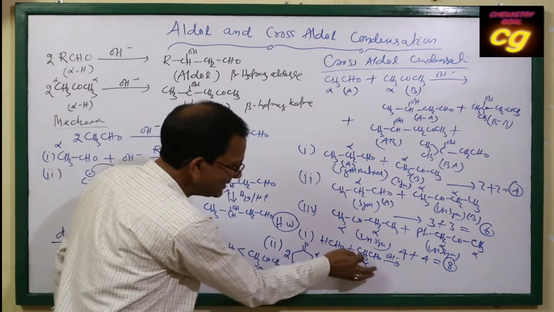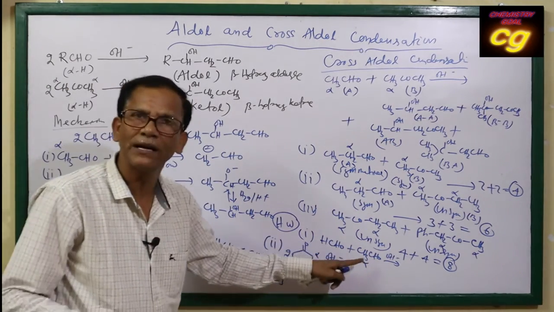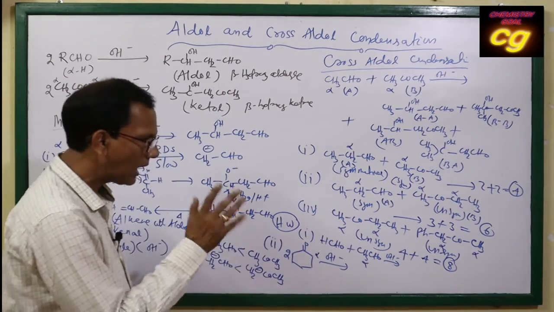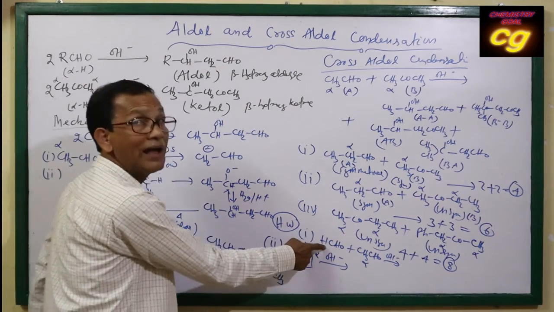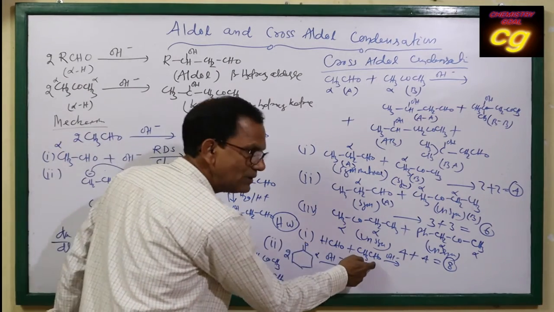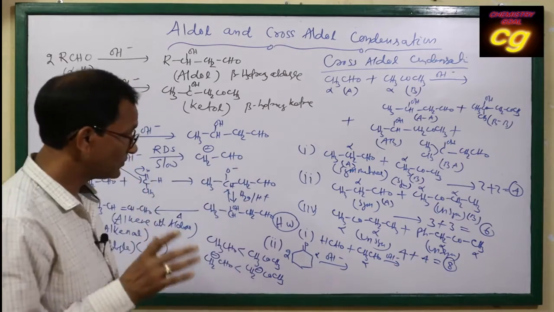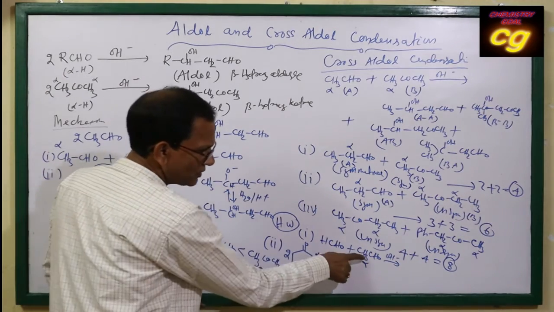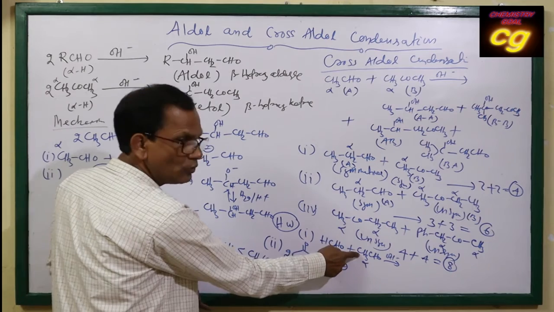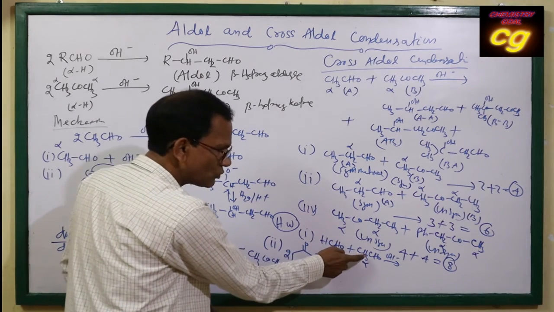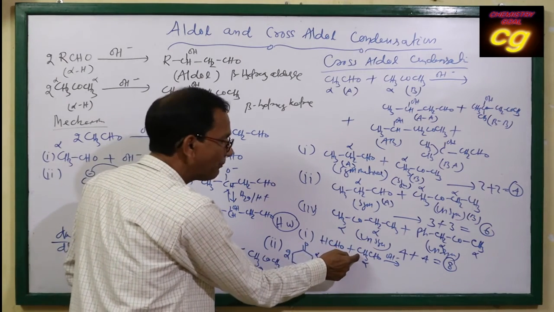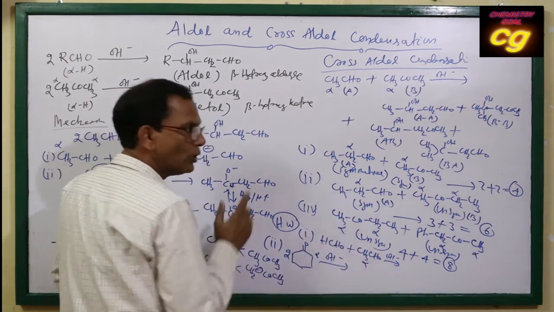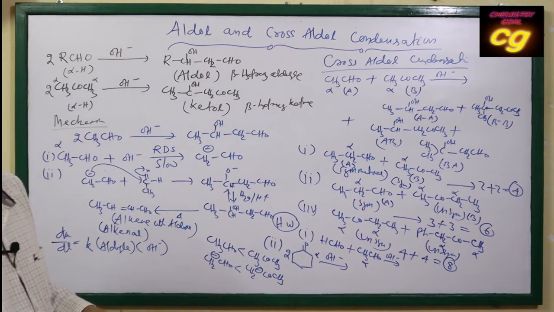But in this case, the homework I have given, you see how many are possible. As it has no alpha and it has only alpha, only 2 products will form. One condensation product will be this one and another will be this. So how many? Only 2 are formed.